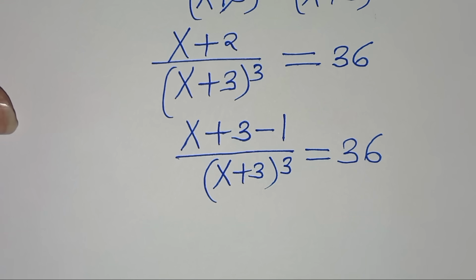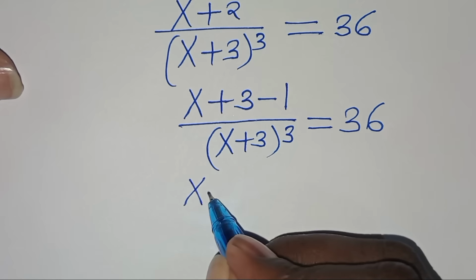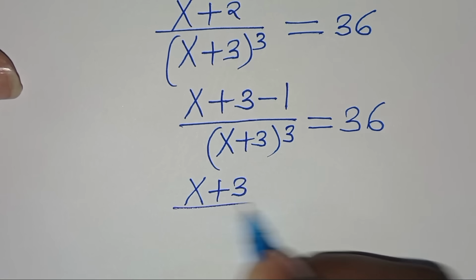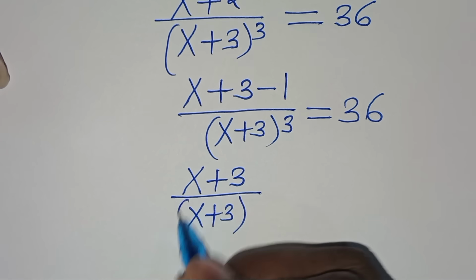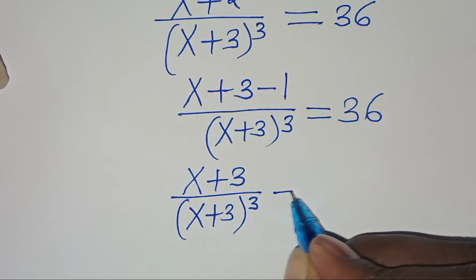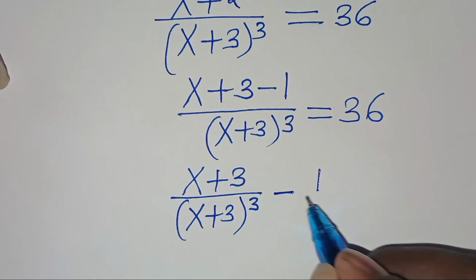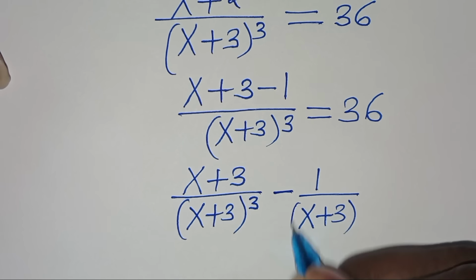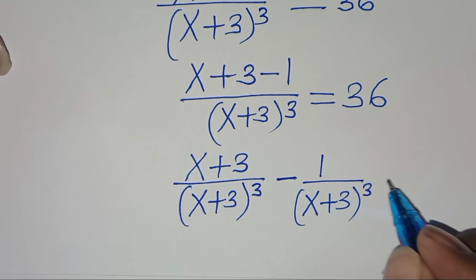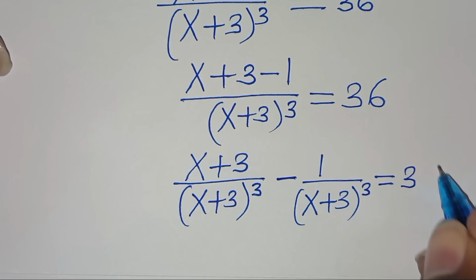Now we can separate this as (x plus 3) divided by (x plus 3) raised to the power of 3, then subtract 1 divided by (x plus 3) raised to the power of 3, equal to 36.